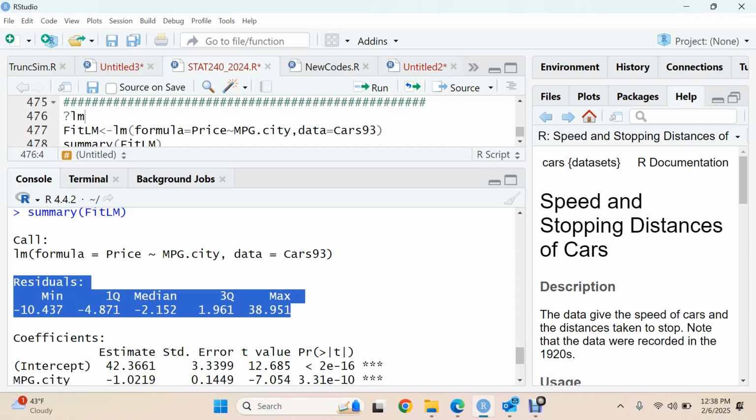What are the properties? If you fit a regression model, what will be the average of the residuals? You fit a regression model, your residuals should sum to zero.